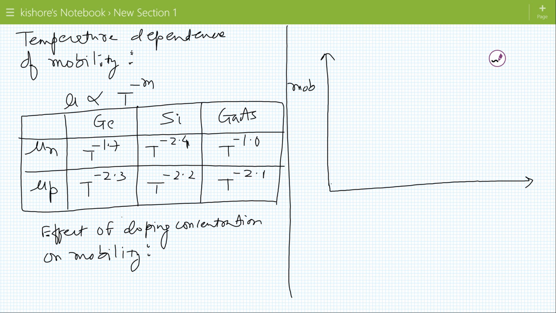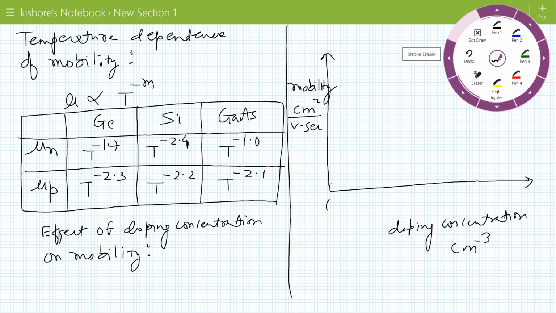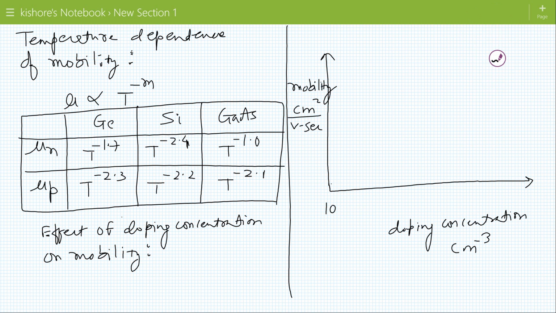Here we have mobility and doping concentration. Doping concentration is per cubic centimeter, mobility in centimeter square per volt second. The doping axis runs from 10 to the power 14, 10 to the power 16, 10 to the power 18 and 10 to the power 20.